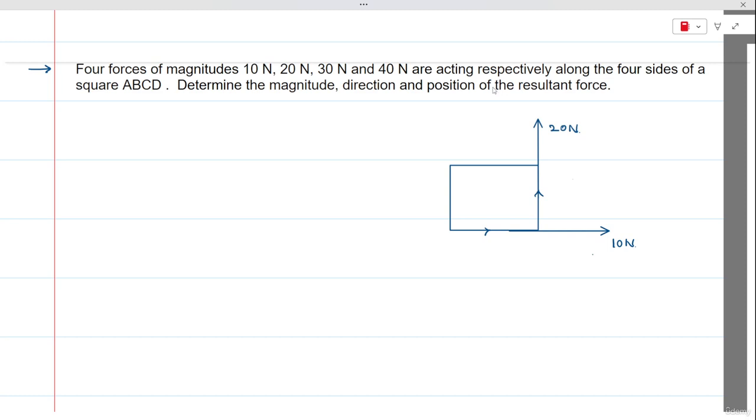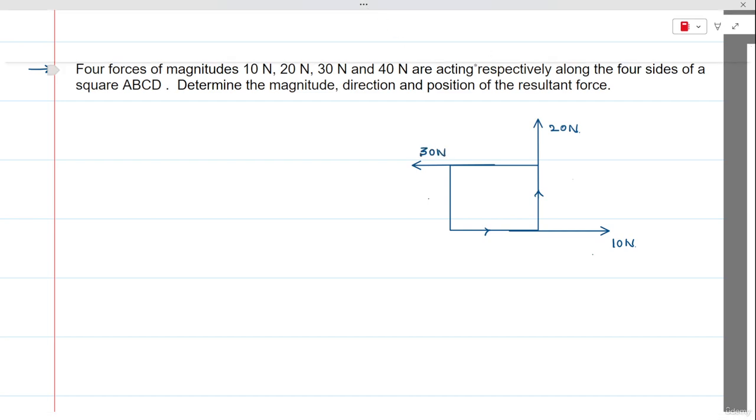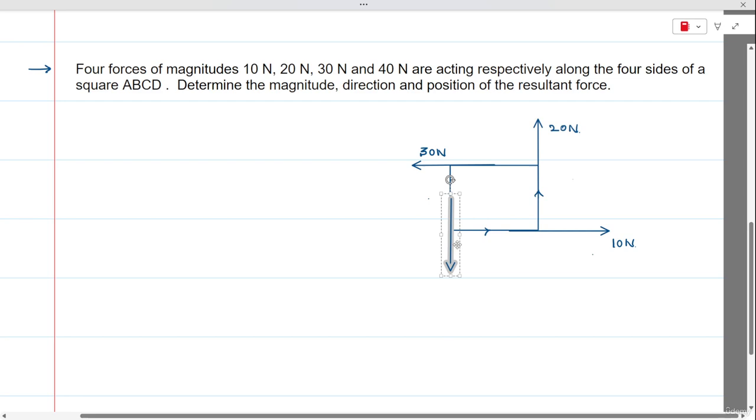Okay, so you can see here on the head of 10 Newton force, we are adding 20 Newton force, and on the head of 20 Newton force, we are adding another force that is 30 Newton. Let's say this is 30 Newton, and on the head of 30 Newton force, that too in downward direction, we are adding one more force that is called as 40 Newton.